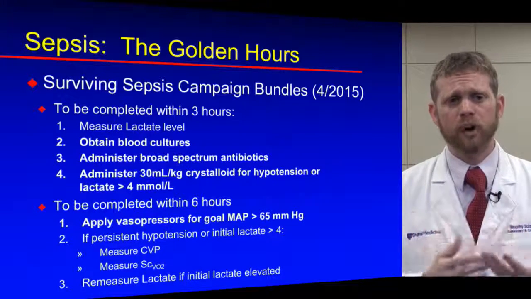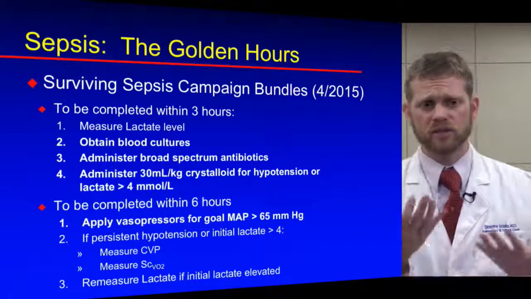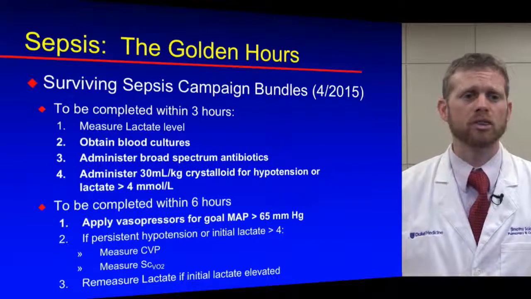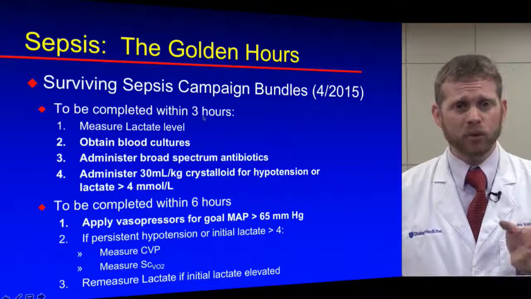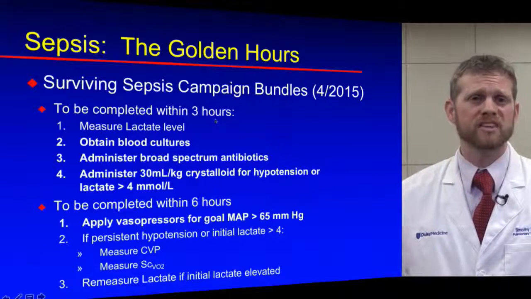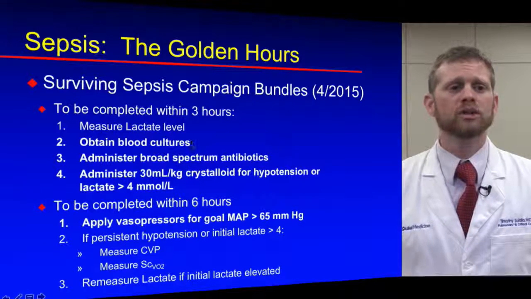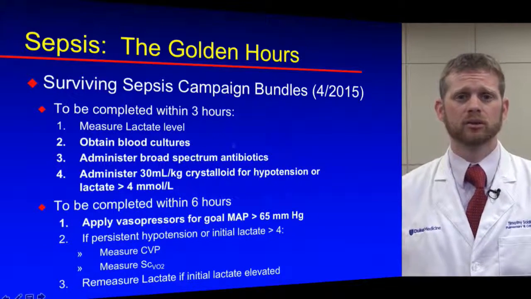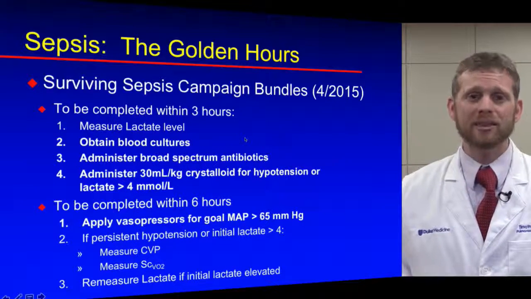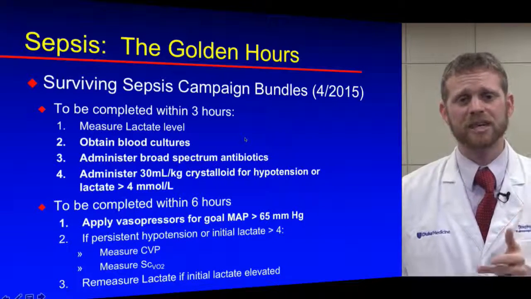So I would recommend pulling up these bundles, and if someone goes into shock, making sure that you hit all the key points. So within 3 hours of time of arrival in the ED, or them developing signs and symptoms of septic shock in the ICU, you need to get these 4 things done. You need to get the lactate measured, you need to get blood cultures, you need to get those antibiotics in. You have to get those antibiotics in.